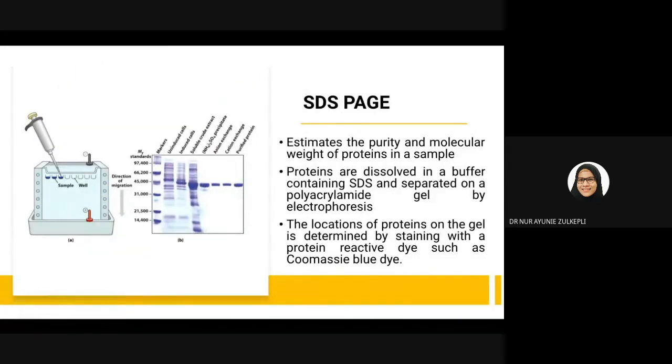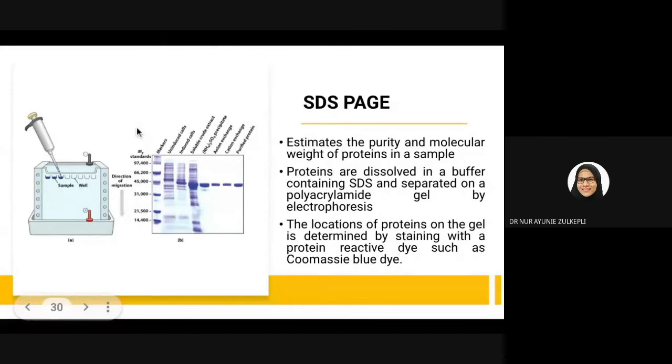And the simplest one is SDS-PAGE, sodium dodecyl sulfate polyacrylamide gel electrophoresis. It separates proteins using electric charge, and the main purpose of SDS-PAGE is to estimate the molecular weight of your protein sample.